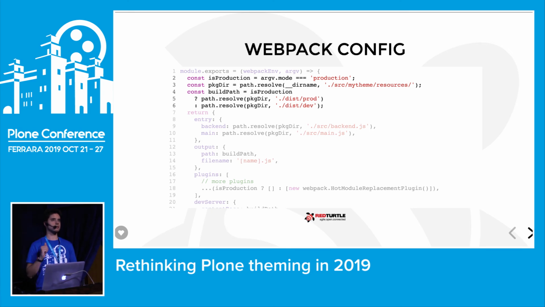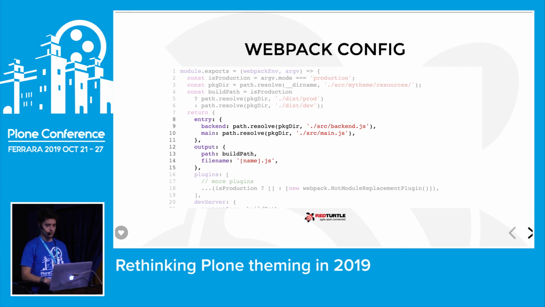One is for the dev bundle, because Webpack always creates a bundle, and this is the development bundle it creates dynamically. The other one, prod, is for the production bundle, which is served in backend mode. So you have the backend and the front-end resources separated.